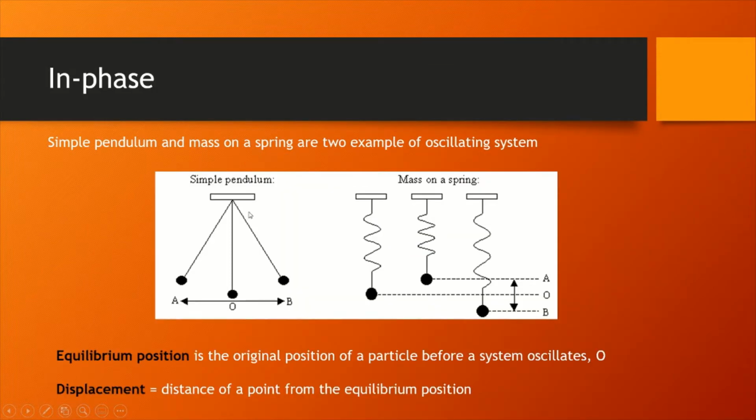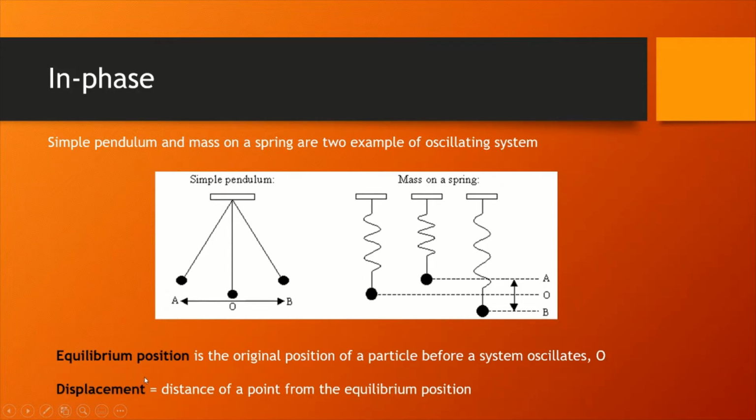For a simple pendulum, it is the same thing. Before we start to oscillate, position O is called the equilibrium position. Therefore, the equilibrium position is the original position of a particle before a system oscillates. So we name it O.